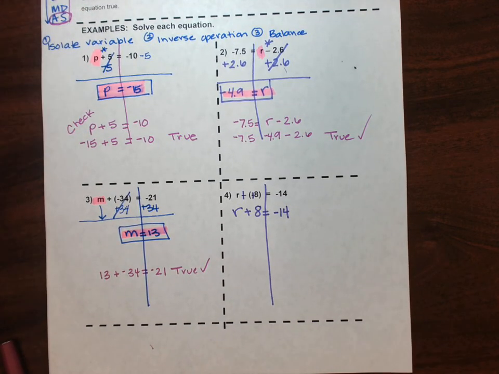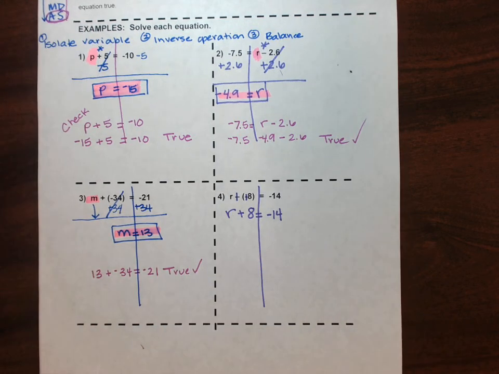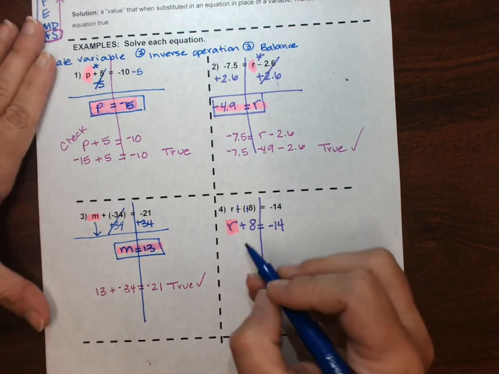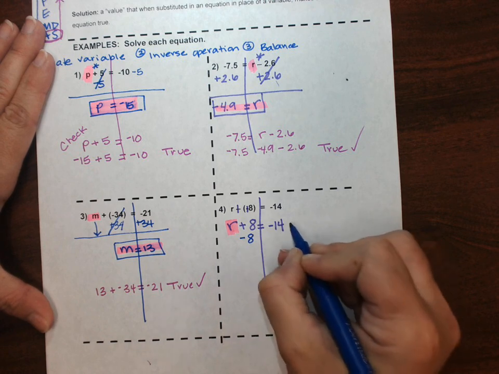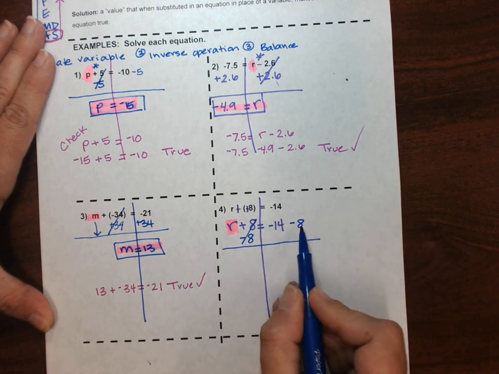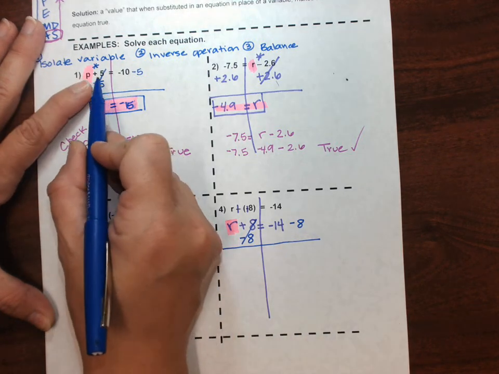So we're going to start from here, and I'd like you to finish that out. So you're going to pause, get your answer. I'm going to keep going. So the goal is to isolate the variable. How do you do that? The inverse operation. -8, -8. Sometimes I write it horizontally instead of writing it vertically.